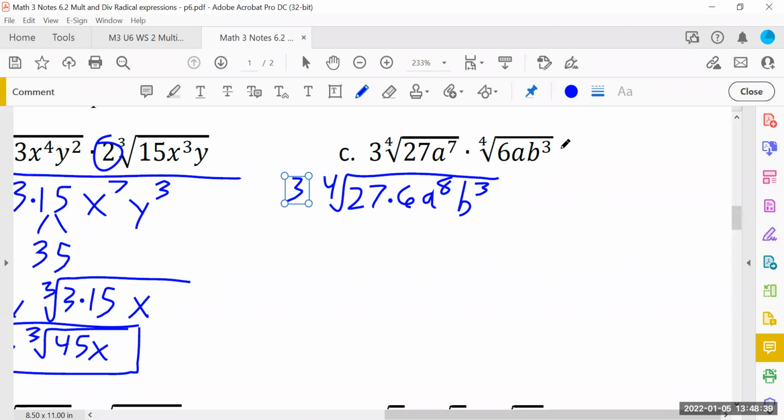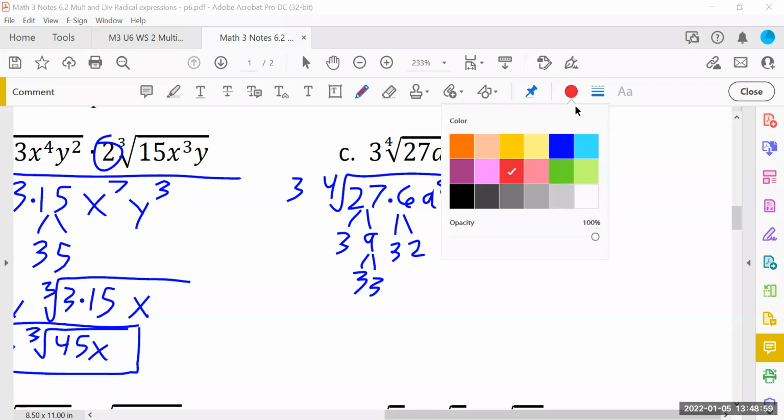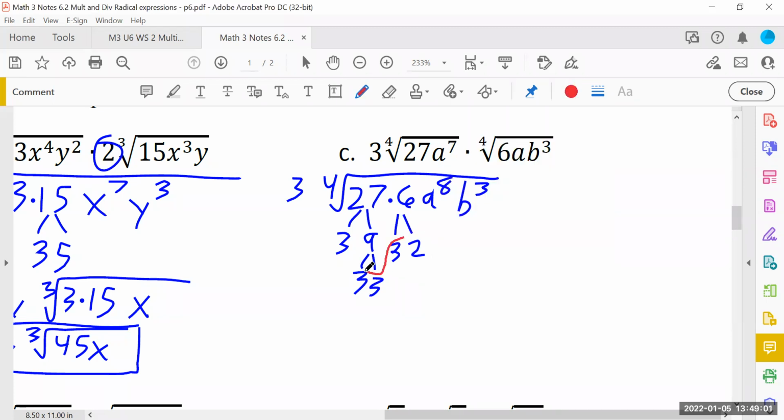So here, take that 27 and 6, break them apart. Let's go ahead and do that over here. 27 is 3 times 9. Should be 3 and 3. The 6 is 3 and 2. I'm looking for sets of 4, and I have one. I have 4 3s. 1, 2, 3, 4. Those 3s would come out and join the 3 that was already out there.